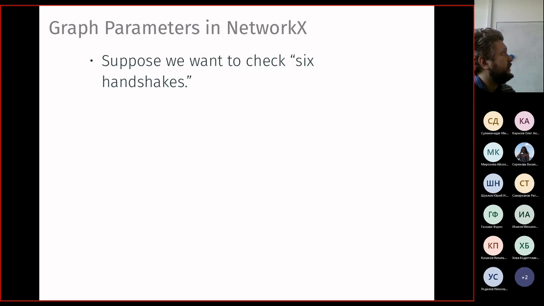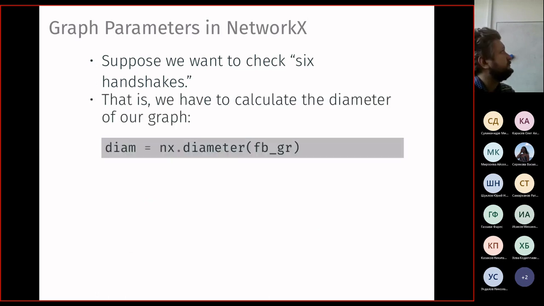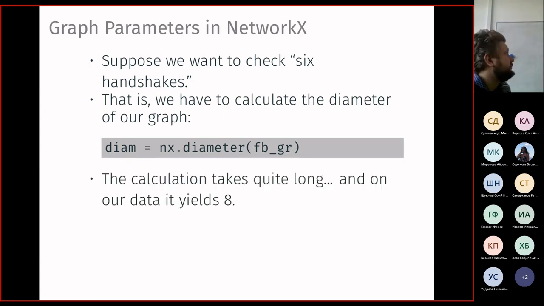So again, another example of NetworkX: suppose we want to check six handshakes. For the diameter, again, we have a special function which computes it. And it takes quite long. This is predictable because if there is no pre-computed information about distances in the graph, it computes something called eccentricity.